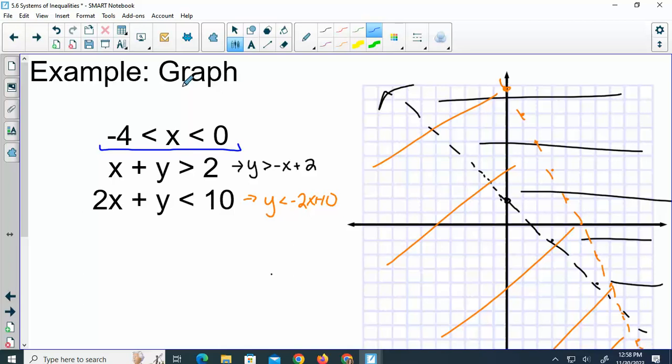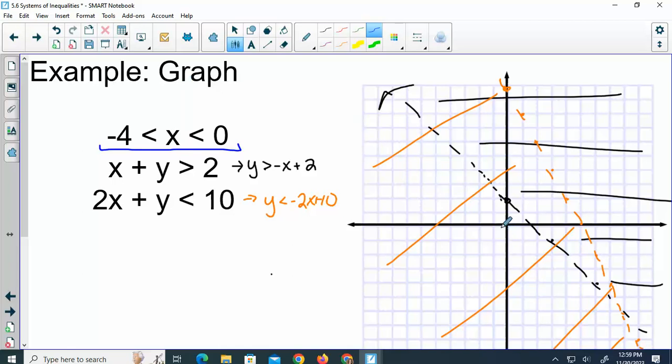But think about here. If I said x equals 4 or x equals negative 4, how would you graph that? A vertical line. X equals is a vertical line. So we have a vertical line at negative 4. We have a vertical line at 0, and it's saying x is between them. So we have two vertical lines and everything between them.